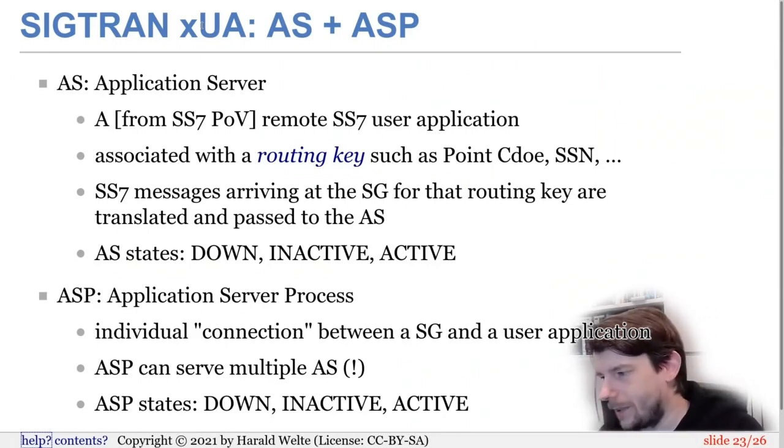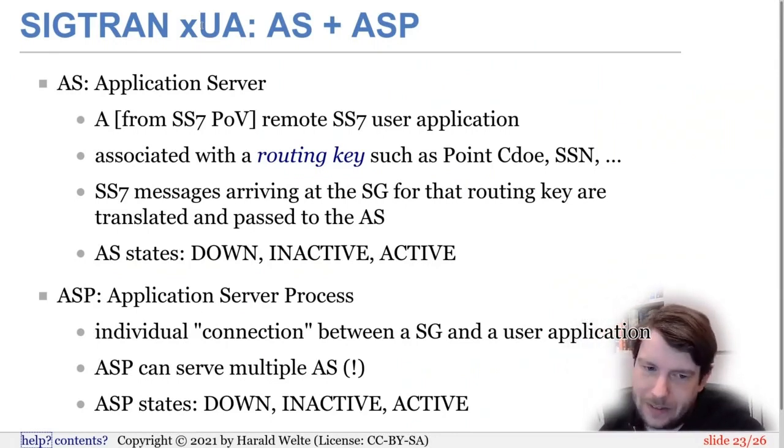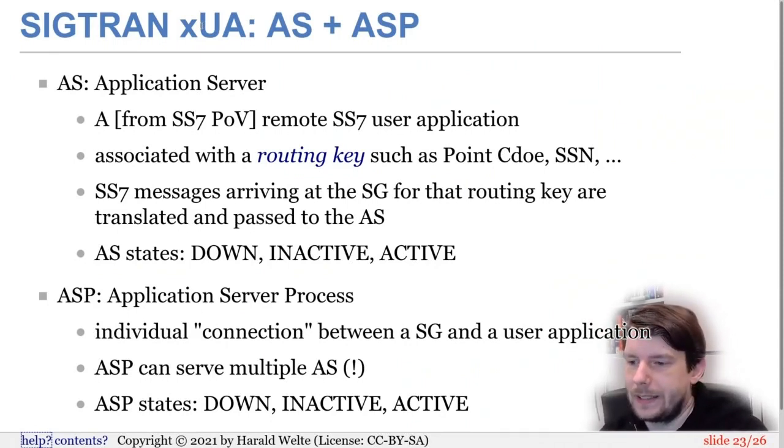So, for example, you implement a home location register that is the subscriber database for 2G, 3G networks. And you want to connect that to a signaling gateway, then this HLR is an application server. And it connects to this signaling gateway to connect with SS7.